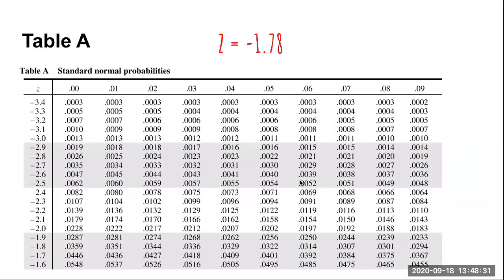The other side, Table A has two sides. It has negative z-scores on one side. See all these negatives here? And it has positives on the other side. So look for negative 1.7, which is down here, for the tenths place of the z-score.